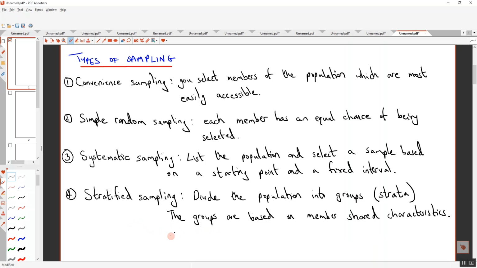And then you choose a random sample. So like in example 2, choose a random sample from each group.